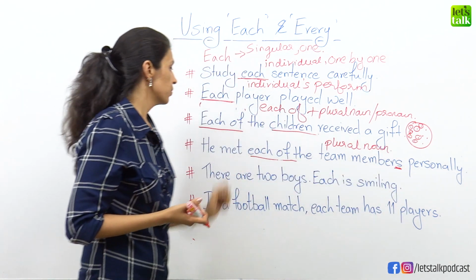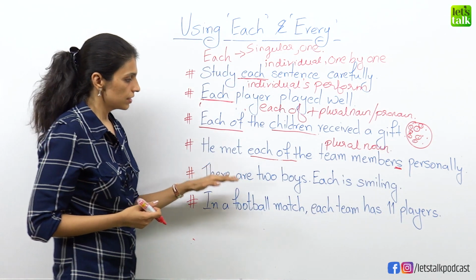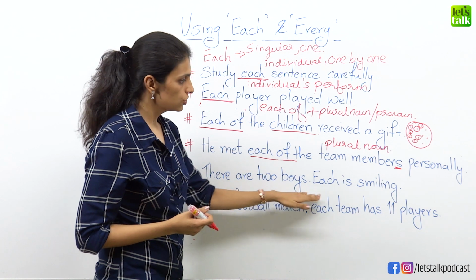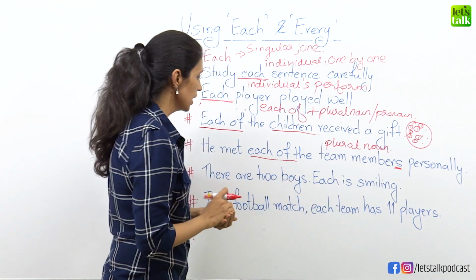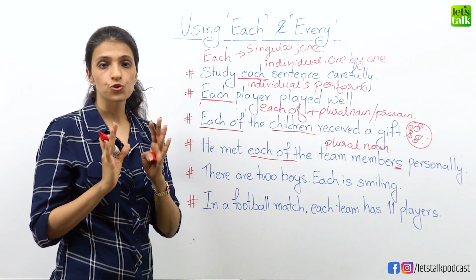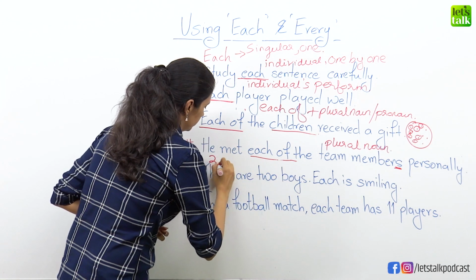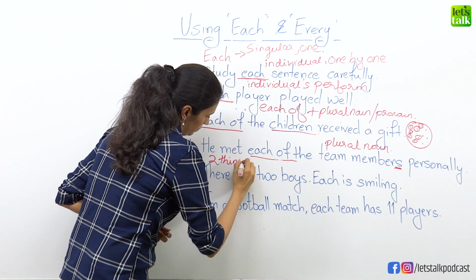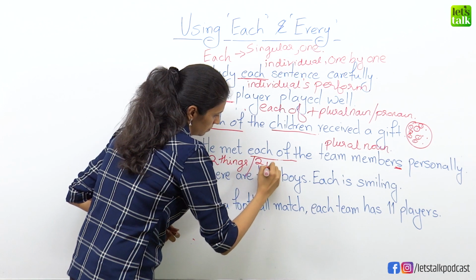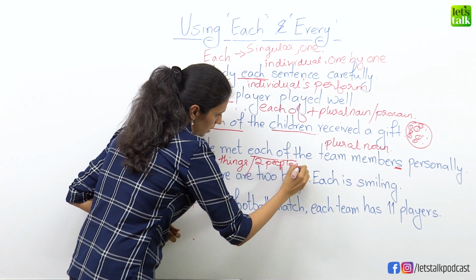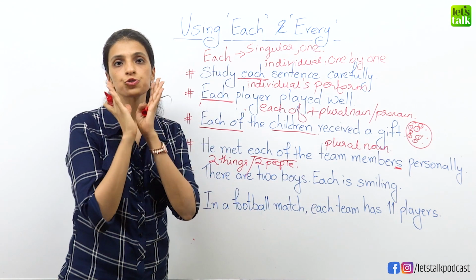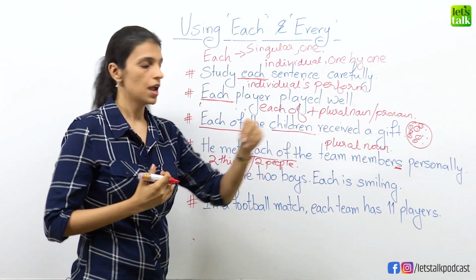Okay. Now, in my next example, there are two boys. Each is smiling. Now, you use each to talk about two things or two people. But that restricts you only to two, not to three and more than three.